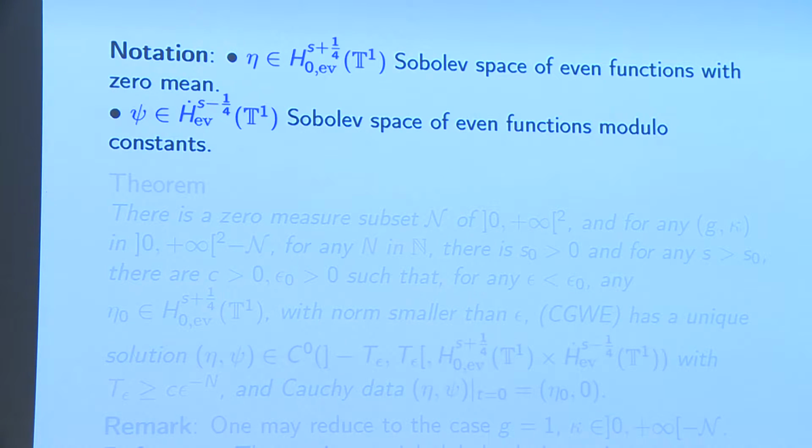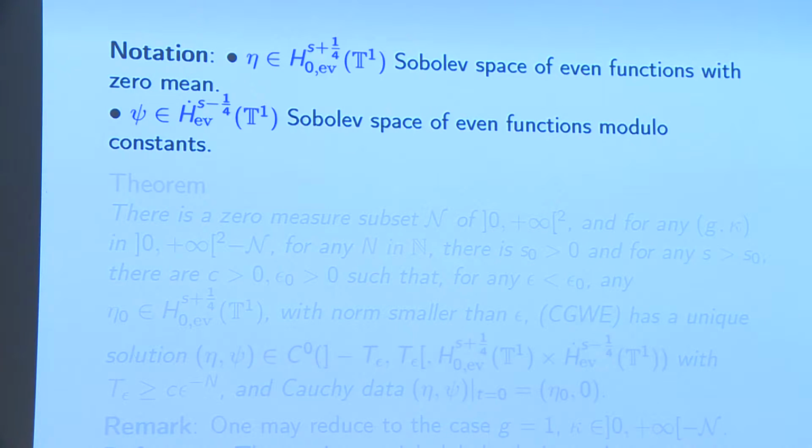So periodic functions which are Sobolev on each period. We shall assume, moreover, that these functions are even, and we shall assume that the average of eta is 0. So if these properties are satisfied at the initial time, then they hold for any positive time as a consequence of the structure of the equation.